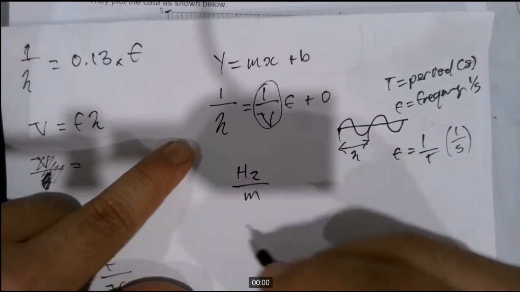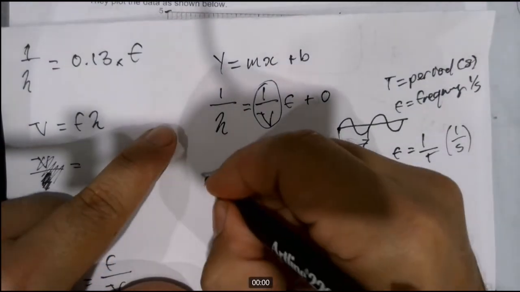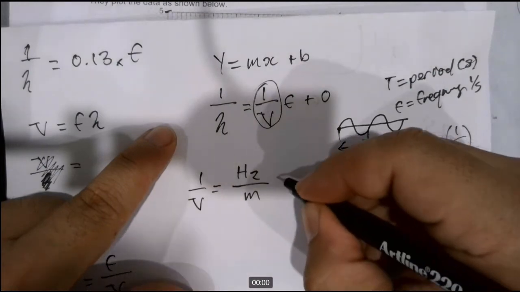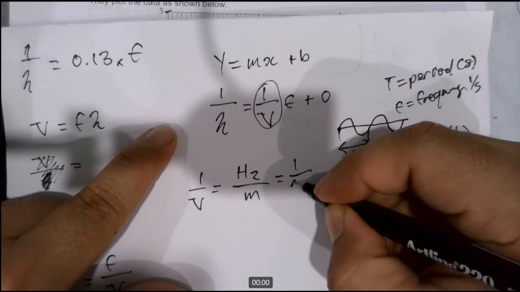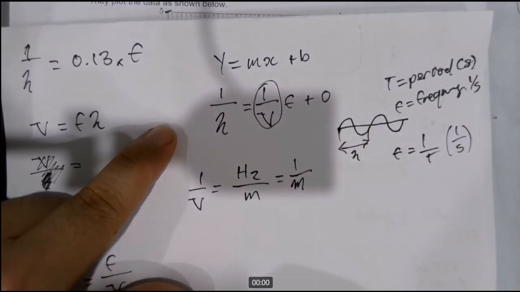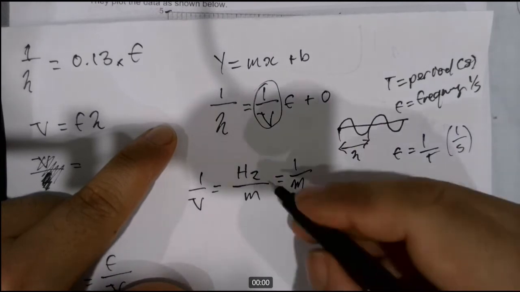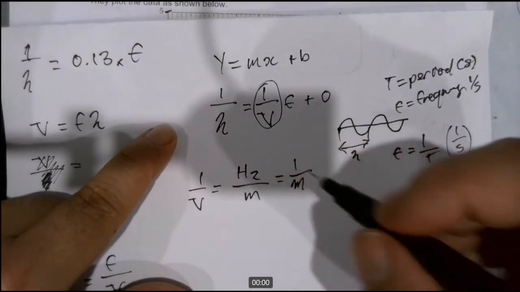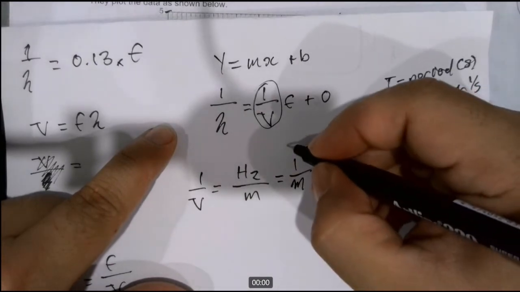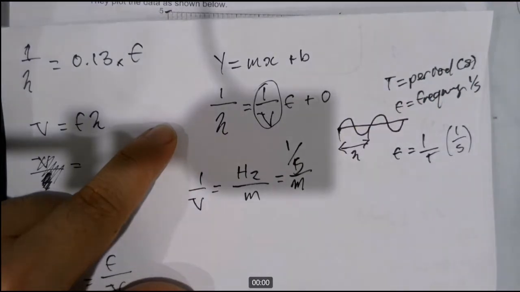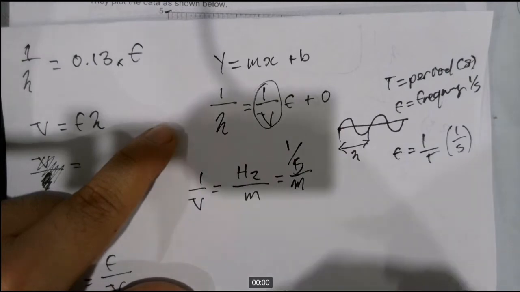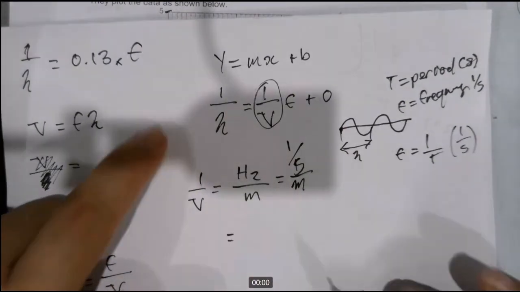So let's do that. That's saying that 1 over v is equal to 1 divided by meters, divided by 1 divided by seconds, right? So this is weird, right? This simplifies to this.